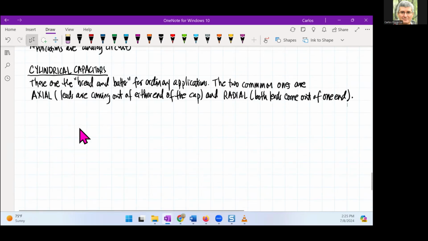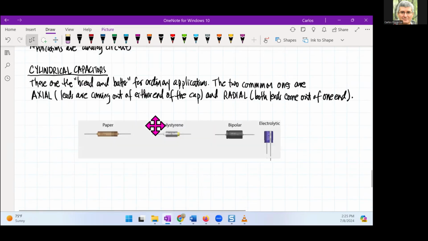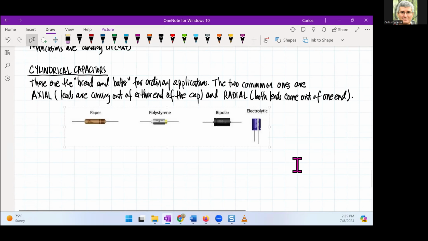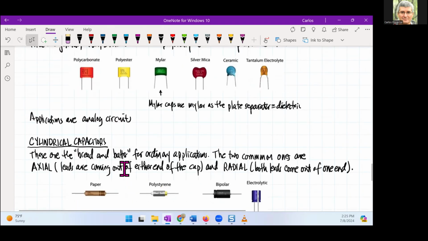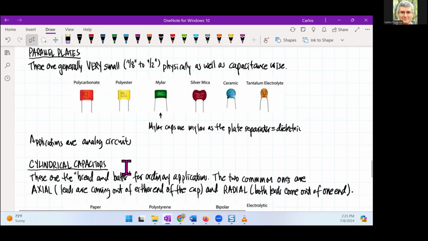So you would see these kinds of ones right here. The first three, all the way from paper to bipolar here, those are axial capacitors. The electrolytic ones, which is what we use a lot in circuits, actually do this. Now, what I want to show you here is that it's really easy to burn out these capacitors, cause dielectric breakdown.